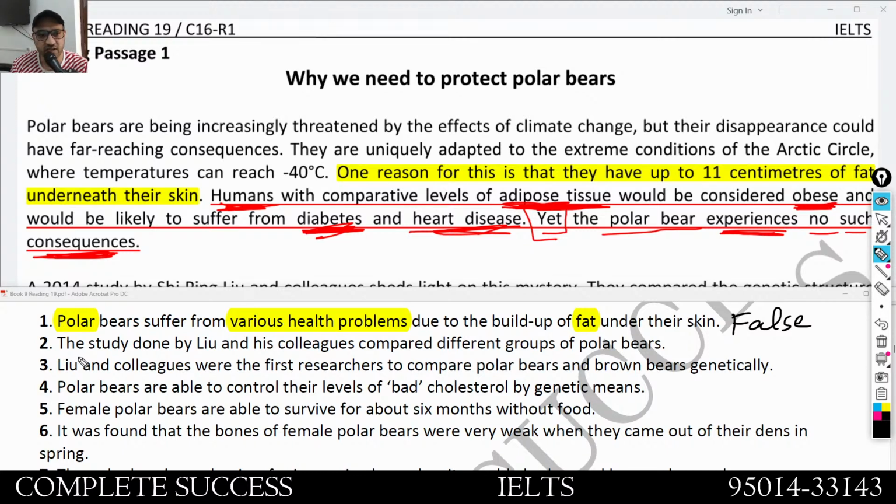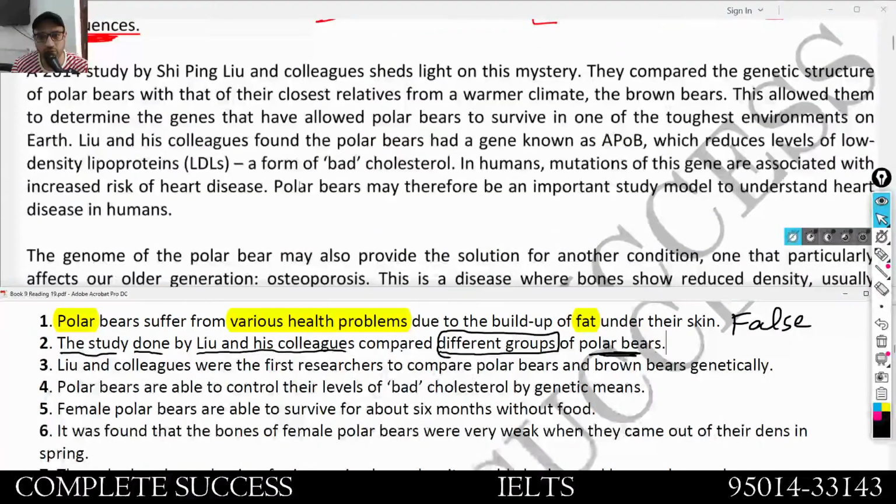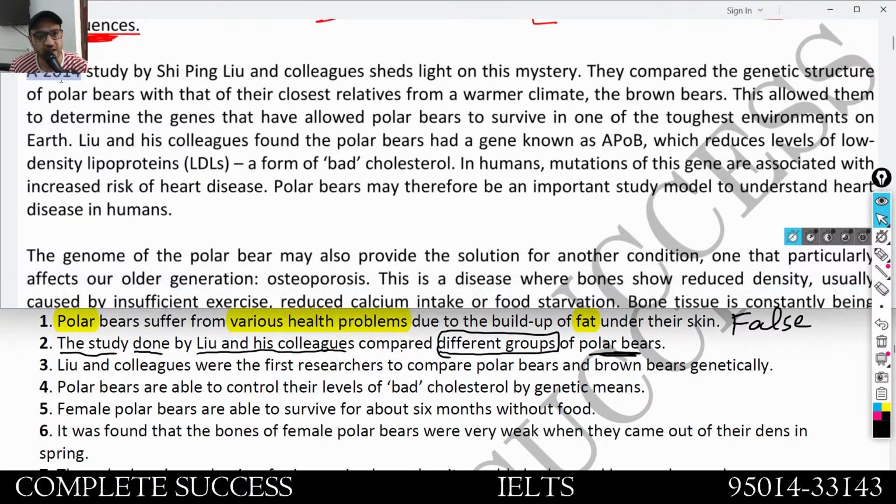Now if we move to the second question, the study done by Liu and his colleagues compared different groups of polar bears. Now did they compare different groups? Let's see if they have compared different groups of polar bears. Now in the next passage it is written, a 2014 study by Shi Ping Liu, Louis and colleagues shed light on this mystery.